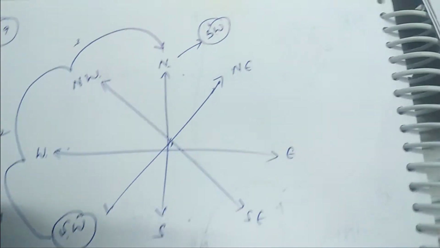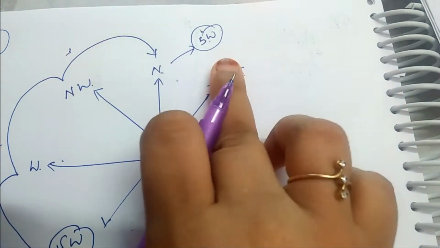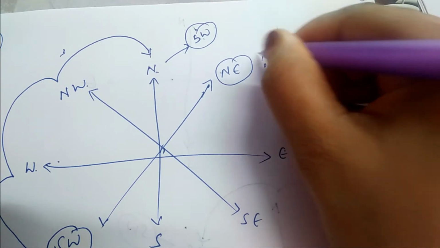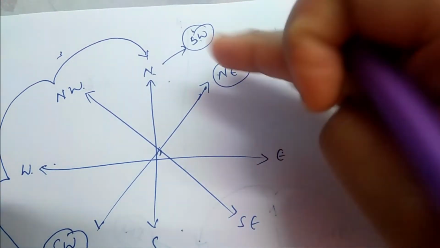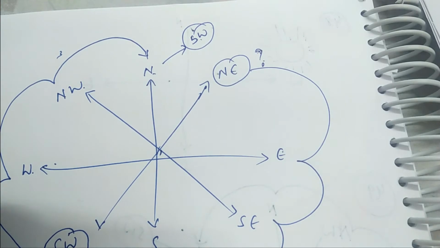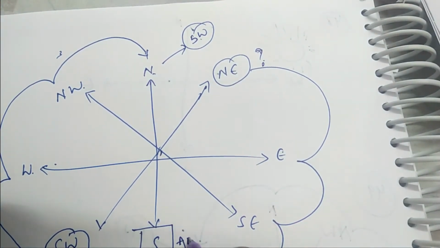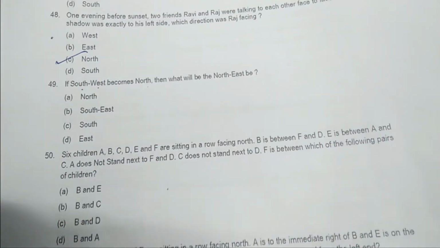Now it's asking, if this rotates and shifts, what will northeast be shifted to? Since it was 3 steps, when this shifts, this will also shift 3 places, 1, 2, 3. So what will the answer be? Northeast will come here. The answer is south. Let's tick the south.